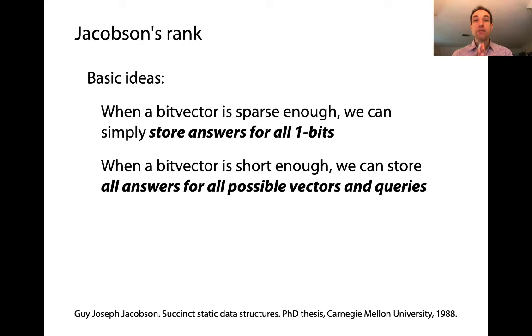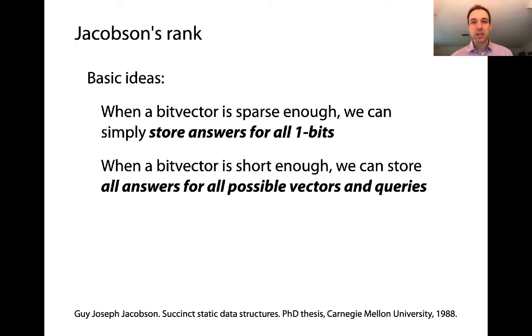It has not very many ones in it, and lots of zeros, to the point where it's so sparse that we can afford to simply write down the answer to the query for each of the positions in that bit vector, because there are so few ones. We can simply write down the answers, or more likely, partial answers that might be combined with other partial answers that we've stored elsewhere, to this query. So that's one case, the sparse case.